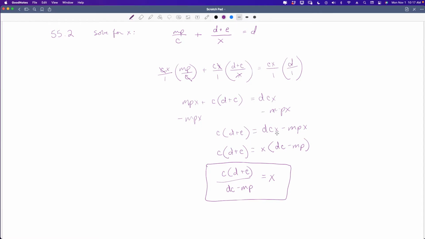So then we factored X out of this side over here, which gave us X times DC minus MP. And then we divided both sides by this factor here, DC minus MP, which gave us the answer of C times D plus E over DC minus MP equals X. So if you got this, or if you got CD plus CE over DC minus MP, either one of those is correct.